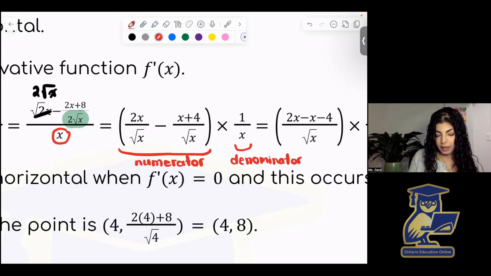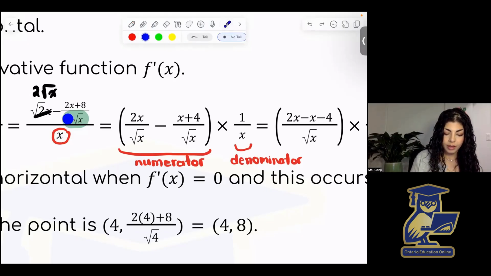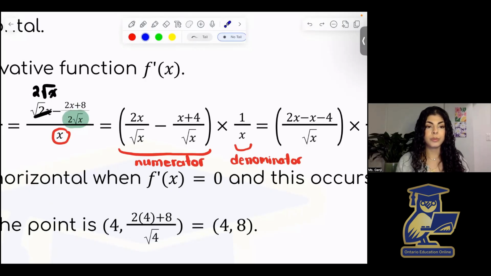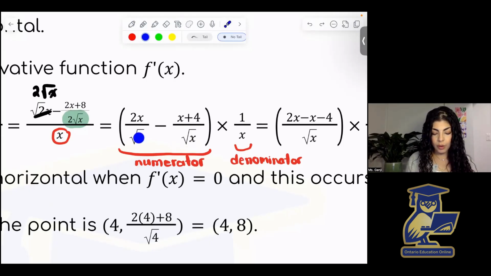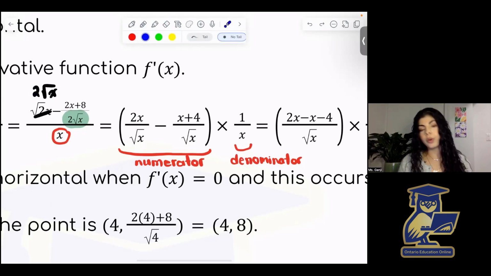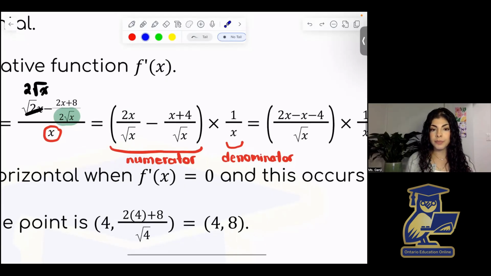Now, this part, the 2 there, I factored out 2 from 2x plus 8, so those 2's are gone, and I'm left with x plus 4. And it had a square root of x as the denominator, so I want to find a common denominator, so this term here is now 2x over square root of x.